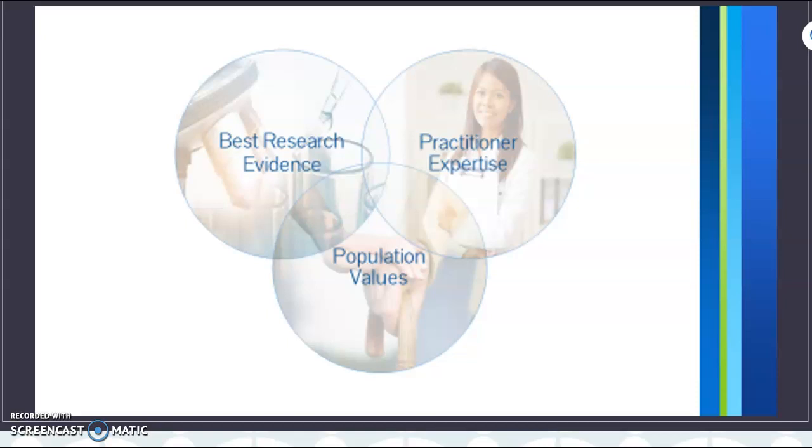So you want to look for the convergence of those things. Think about how you can look at what a successful study did successfully and translate it into your particular population and values, or maybe what they didn't do so successfully and what you would change to fit your demographics.